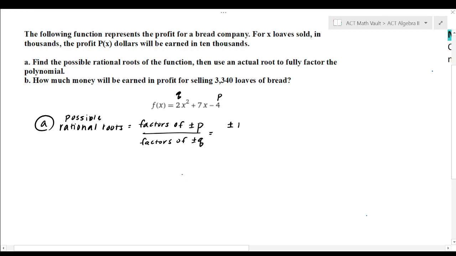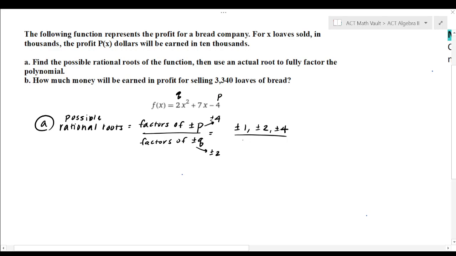Okay, so if I want to write out all of those, I would do positive or negative 1 because p, this is the same thing as 4, plus or minus 4. This is the same thing as 2. So my options are 1, 2, and 4 as far as factors of the positive or negative p.